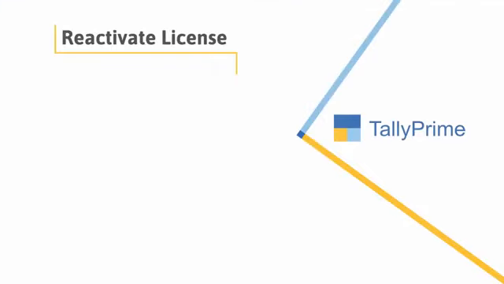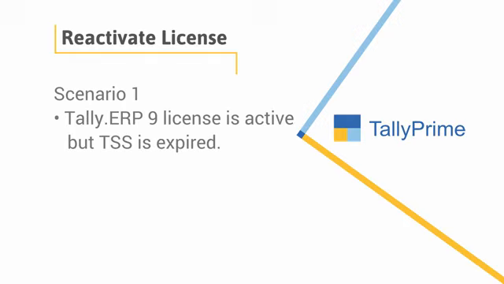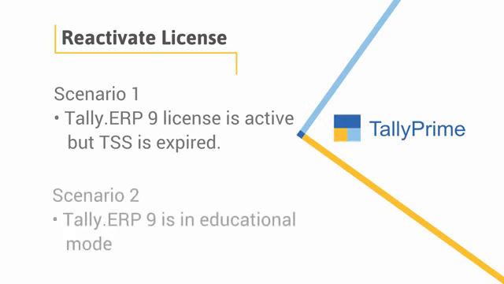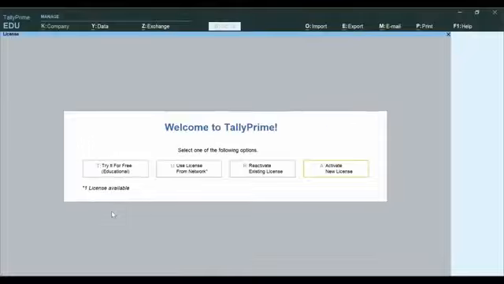You will have the need to reactivate your Tally.ERP 9 license in TallyPrime in two scenarios. The first scenario is when you update from Tally.ERP 9 to TallyPrime and the license is valid but TSS is expired, or when Tally.ERP 9 is in educational mode. In this scenario, TallyPrime will start in educational mode after updating from Tally.ERP 9.